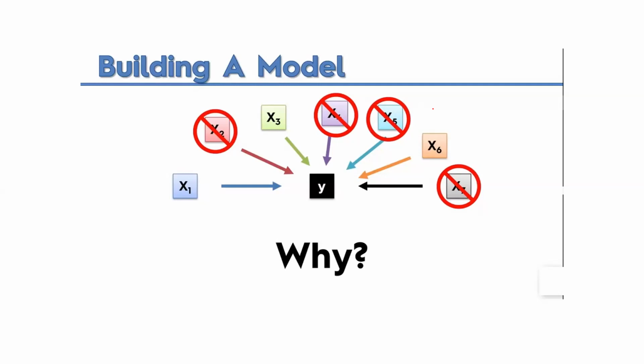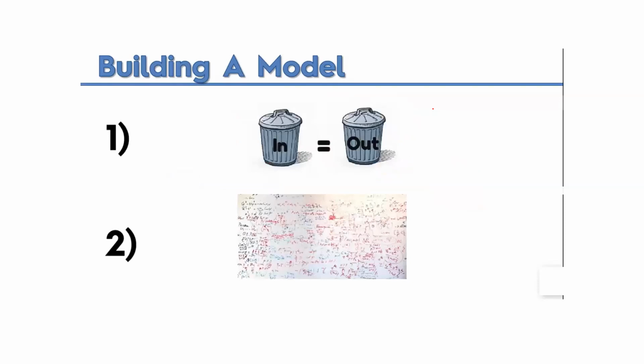But remember, the sales of a coffee shop will not depend on the phone number or the building number or the door number of the coffee shop. Those are the kind of data or the variables we need to remove. That's how a model is built.